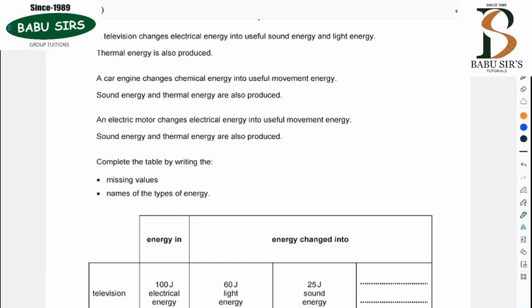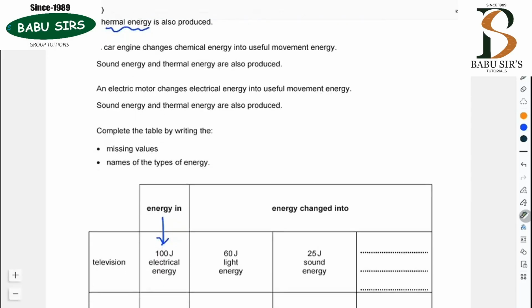Now this is question number 3, which relates to energy in and energy out. In a television, you can see energy is coming in. You get electrical energy in, and the same electrical energy is used as sound, light, and thermal, which means heat.